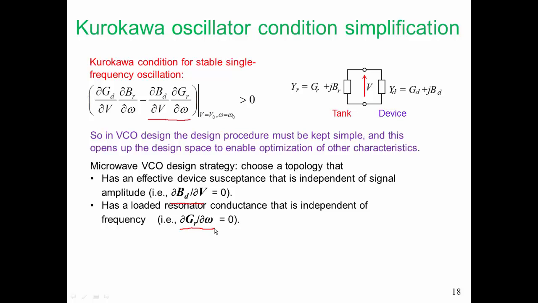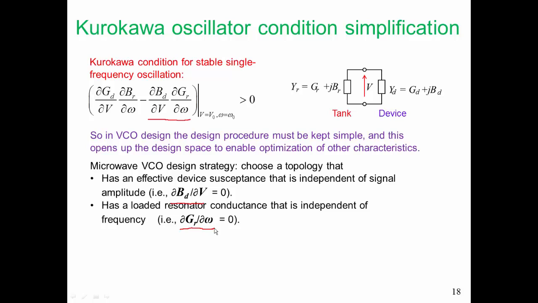It is going to consist of an inductor in parallel with a capacitor. Or in the case of the VCO that we're looking at here, we will have a transmission line that is in parallel with a capacitor. And that capacitor is a varactor, and that varactor has significant series resistance and also conductance. And so there will be a GR dependence with frequency unless we take particular action to make sure dGr/dω is equal to 0.